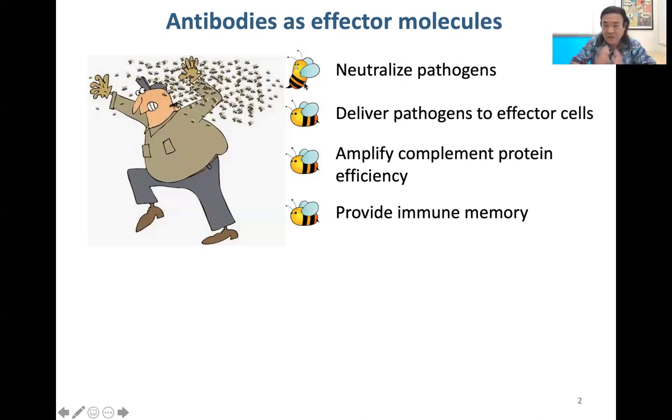They can swarm and cover antigen targets. They can neutralize pathogens by blocking the ability of pathogens to interact with host cells in your body, for example, so viruses cannot gain entry and infect more cells of your body. They can deliver pathogens to other effector cells of our immune system, which we'll take a look at today.